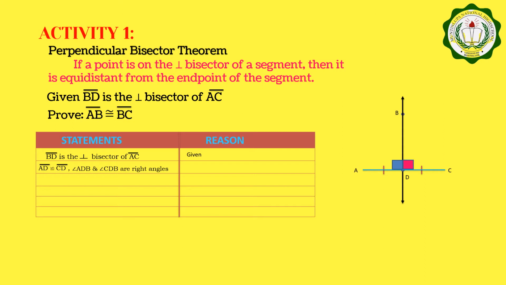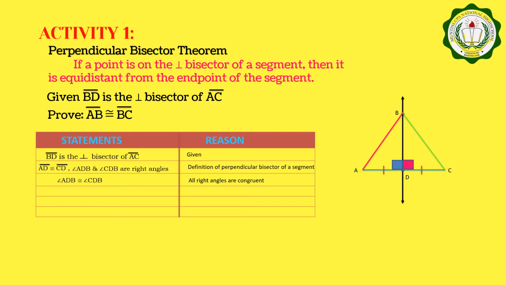The reason is definition of perpendicular bisector of a segment. Okay, next. If angle ADB and angle CDB are right angles, then we can say that they are congruent. And the reason is all right angles are congruent. Then we can now draw segment AB and segment BC because two points determine a line, or simply by construction.